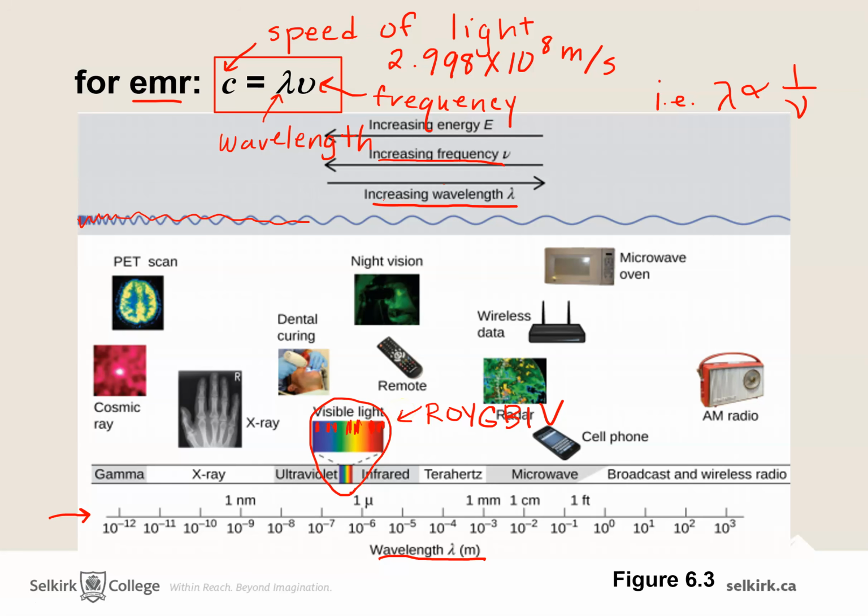Somebody always asks me, what's this indigo? What's the difference between blue and violet? Now, in this continuous range of colors, who knows where one color stops and another one starts? The story I was told is that indigo was introduced into the scheme by someone who studied music. And they wanted 7 colors in the rainbow to match the 7 notes before it repeats in music as an octave. So that's just a story for what it's worth.